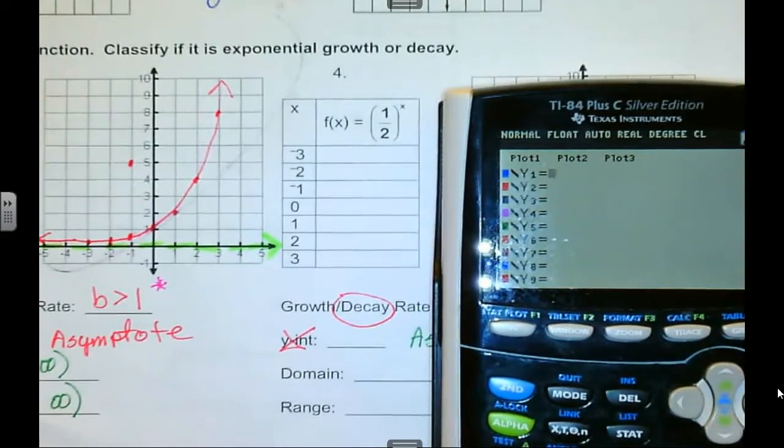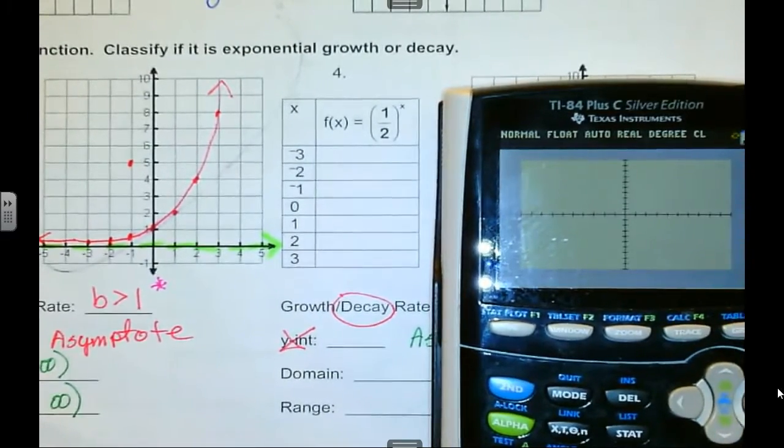Okay, so I'm going to put in 1/2 raised to the x, graph it, and sure enough, it's decay because it's declining.